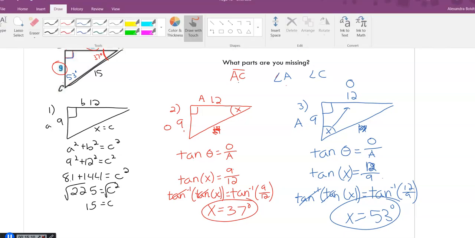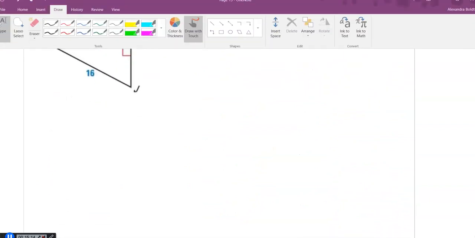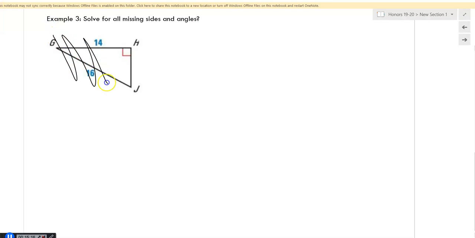All right, we're going to look at one more example, and I actually don't like the example that's here because I want to kind of go over something else that you might see. So just cross that out. Sometimes it won't give you the triangle. It'll make you write your own triangle.